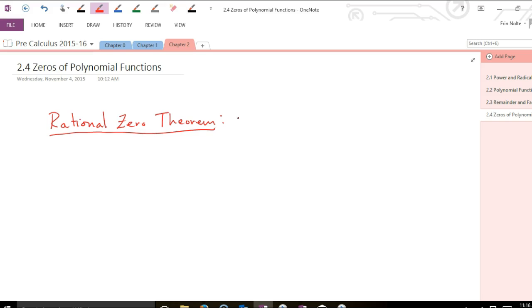Okay. So the way it kind of works, I'm going to write this in a notation. If you have x to the nth plus all these random terms, and then the last term is always the constant term, right? Okay, so what you basically are going to do is you're going to take the constant over the leading coefficient term.